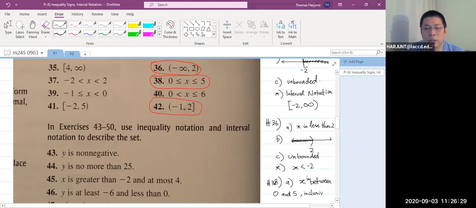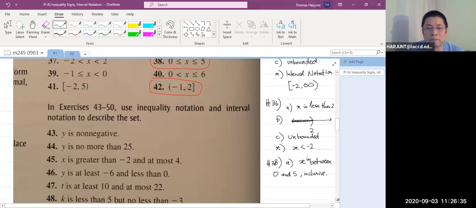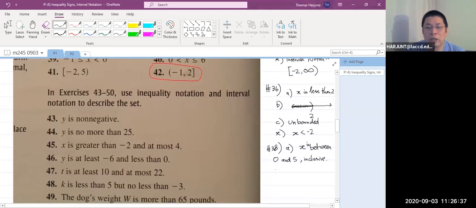That's one way to say it. Inclusive means you include the endpoints. Or another way to say it, x is at least 0 and at most 5. So that's between 0 and 5.